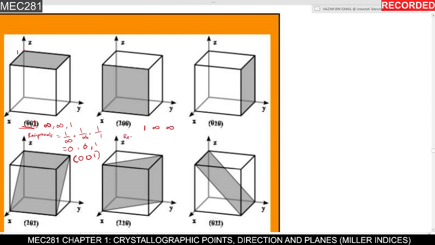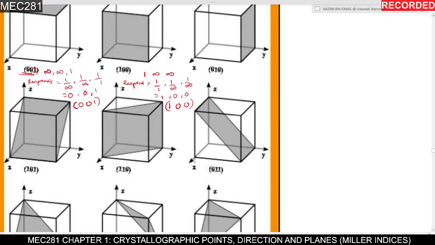So when you take the reciprocals, you invert that number: 1 over 1, 1 over infinity, and 1 over infinity. So you will get 1, 0, 0. The enclosed one is (1, 0, 0). So that is our number.